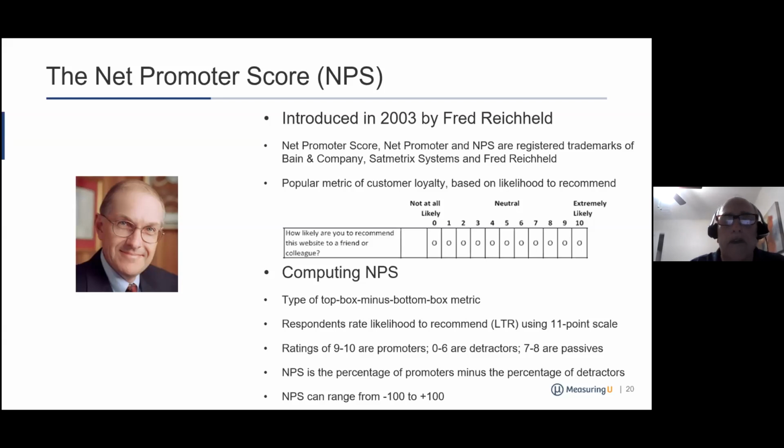And when Net Promoter Score is computed from this, it's done as what's called a top box minus bottom box metric. So you look at the percentage of those who rated 9s and 10s and subtract the percentage of those who rated 0 through 6. Accordingly, the NPS can range from -100 to +100. If your percentage of detractors and promoters are the same, you get a 0.